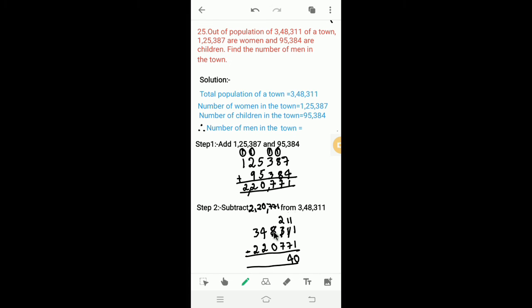If we borrow from 8, then 8 becomes 7 and here 2 becomes 12. 12 minus 7 is 5. 7 minus 0 is 7. 4 minus 2 is 2. 3 minus 2 is 1. So the answer is 1,27,540. Therefore, number of men in the town is equal to 1,27,540.